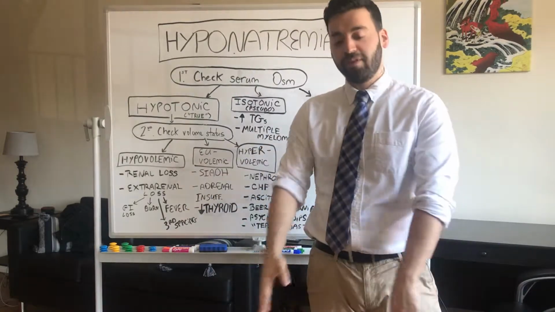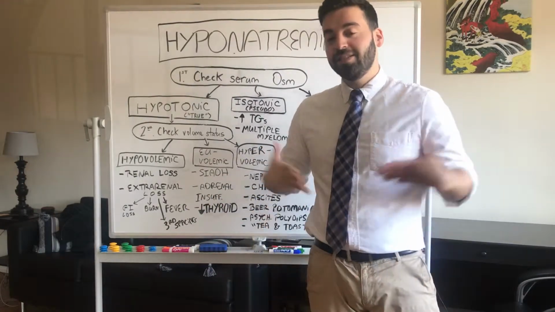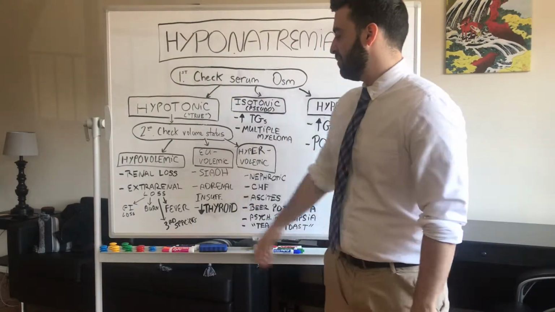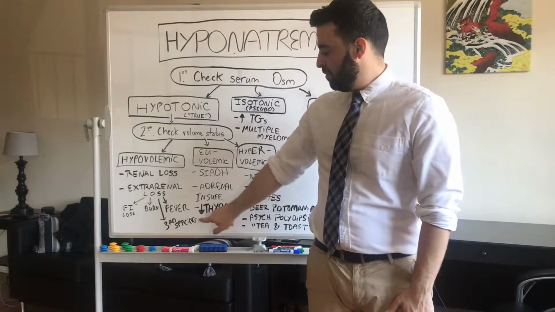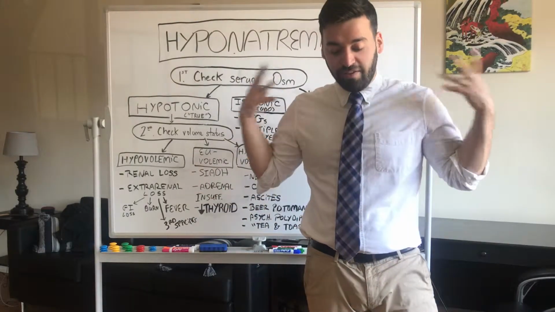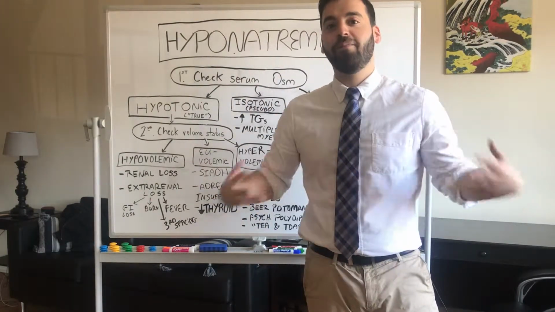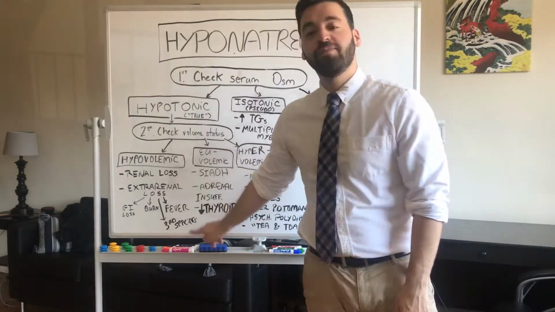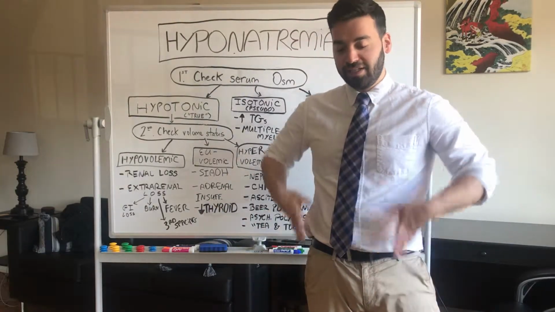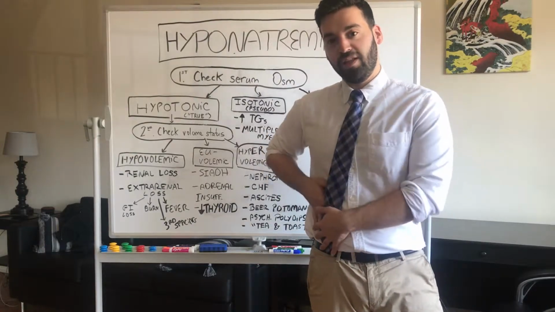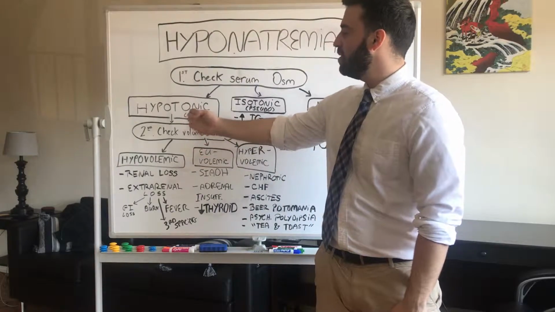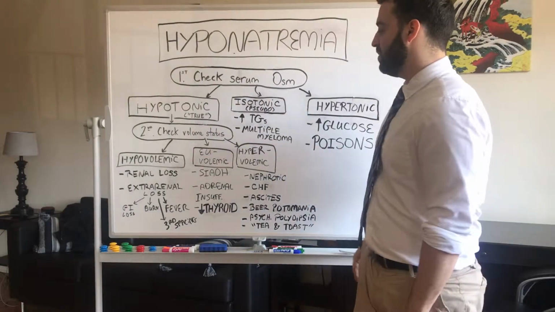They can have a burn, where they've had a burn on their body and they're dehydrated, causing this hypotonic hyponatremia in a hypovolemic setting. Do they have fever, so they're very, very hot and they're sweating a lot, evaporating, losing water through that method? Or are they third spacing? Things like pancreatitis that causes fluid loss within the body. So these are your causes of low volume, low solute hyponatremia.